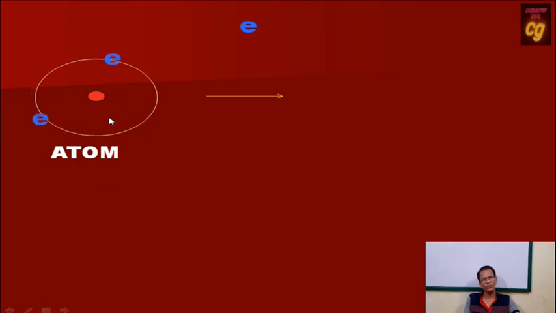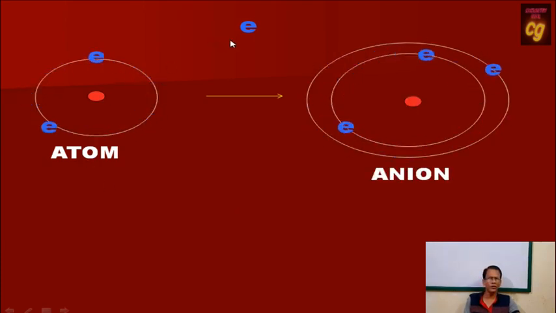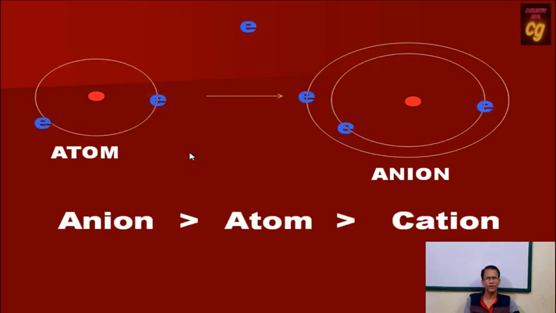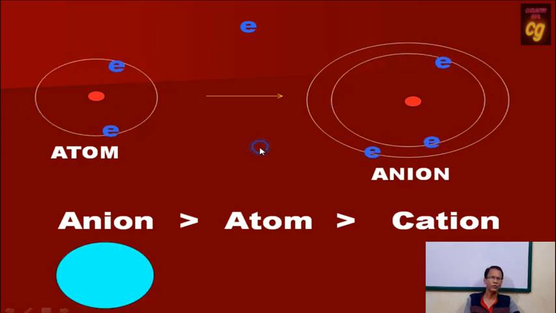Similarly, this is one atom. If an electron is added to this atom, an anion is formed. When an electron is added to the atom, it forms the anion. Then the size will be more. When an electron is added, the attraction on the outermost electron will be less, because the added electron and the electrons remaining in between the added electron and the nucleus oppose the attraction.